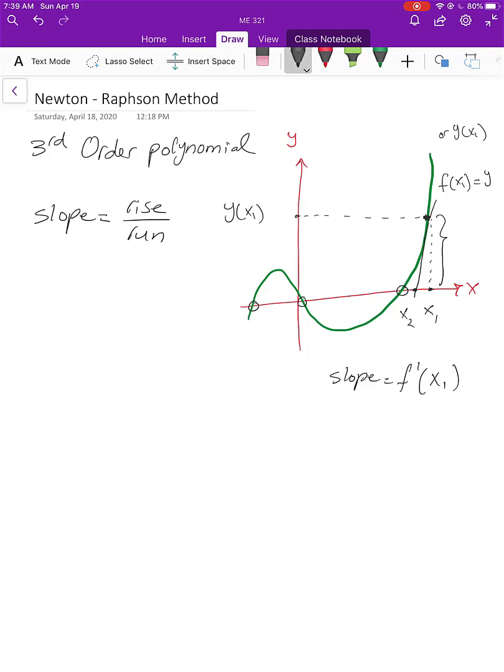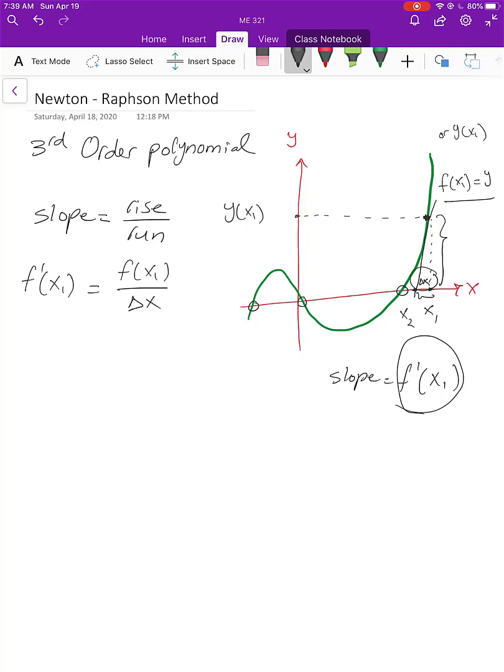We can also define this distance right here as delta x. So by definition, we know that slope is equal to f prime of x evaluated at x equals 1. We know that the rise is f of x1 and the run is delta x right here.